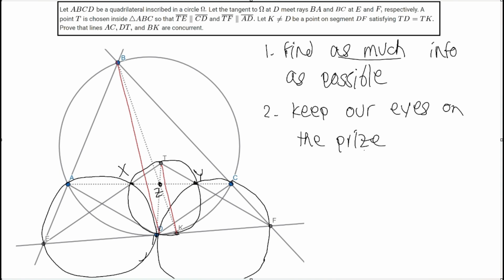In this case, our original motivation for constructing X and Y was wanting to prove that there's a homothety somehow. And then that meant proving BD is parallel to TK. And we wanted to not forget that. And we still proved that BD is parallel to TK. And that way we could solve the problem by considering more homotheties.